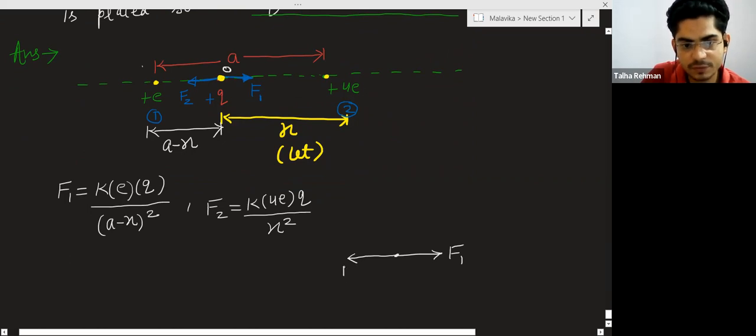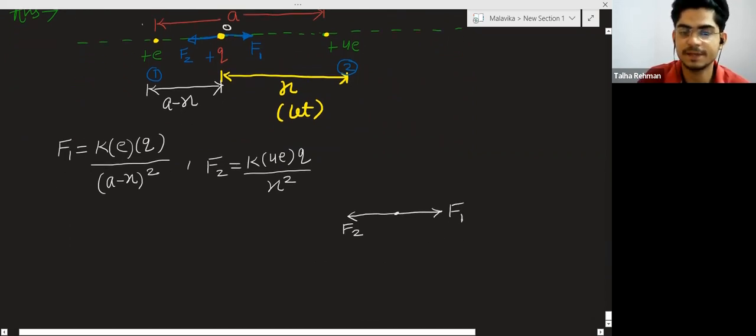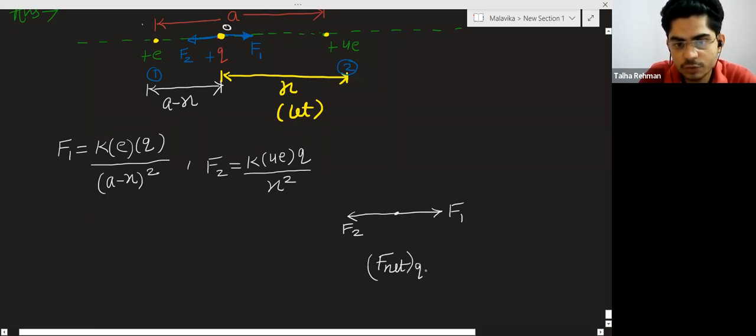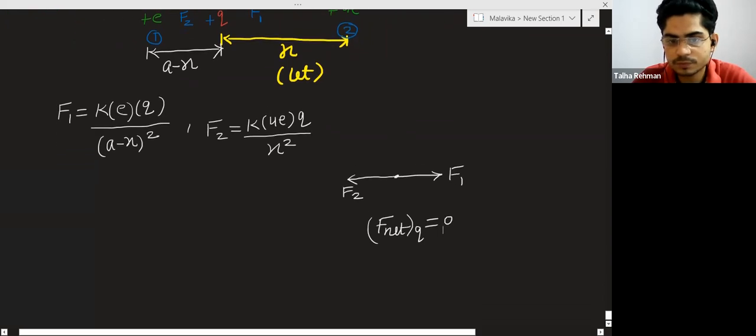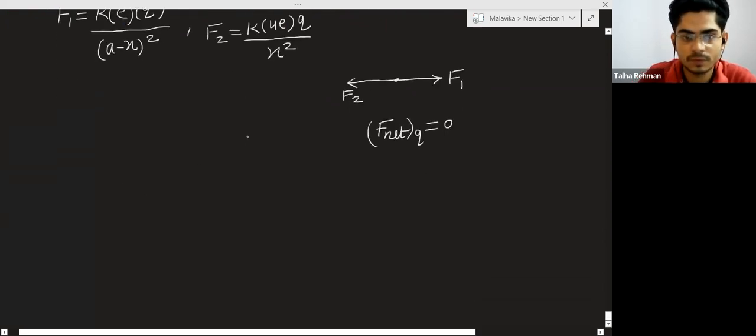This is F2, so this is a case of anti-parallel vectors. F1 and F2 are two vectors, but they are in equilibrium, so the net force at point Q should be equal to 0. So what will you do for equilibrium?